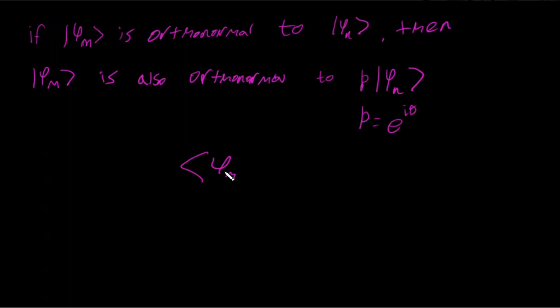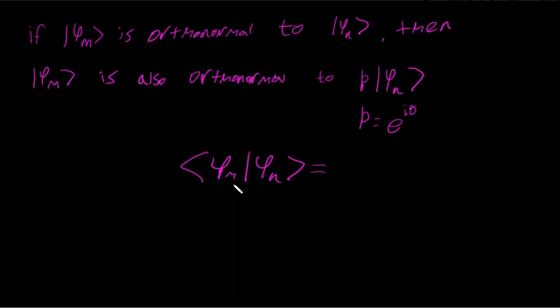If I've got phi m inner product with phi n, and also note, I didn't mention this before, I figured it was pretty obvious, but I'll say it explicitly: if their inner product is equal to 0, then the complex conjugate of 0 is 0, so phi n inner product with phi m is also 0. It's perpendicular, it doesn't matter what order.